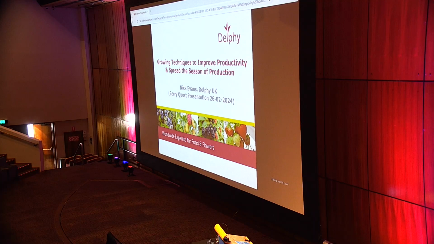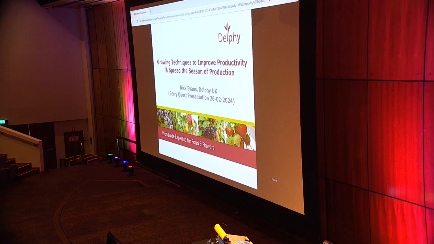The growing techniques to improve productivity, or getting more for less. So irrigation, monitoring and control. And the aim is to keep the substrate moist during the day, spreading out irrigation to meet the evapotranspiration demand of your crop.